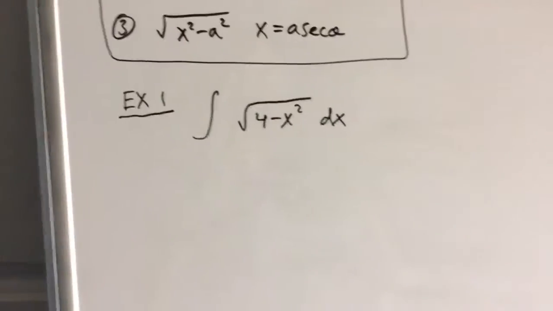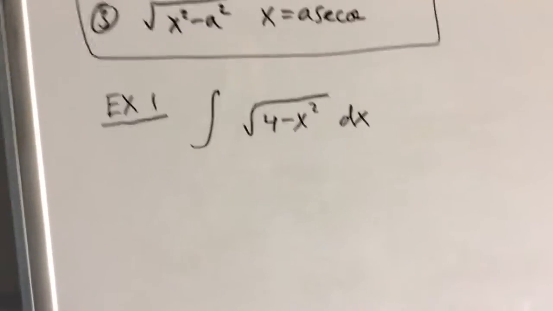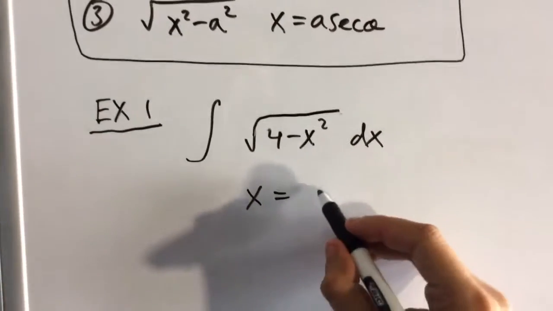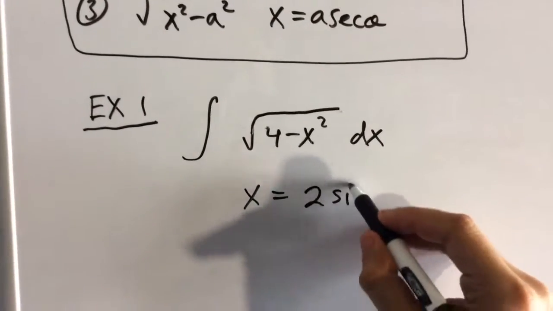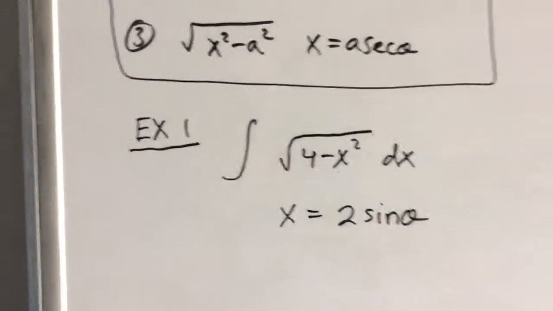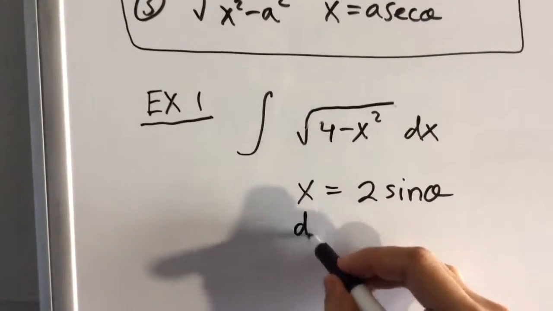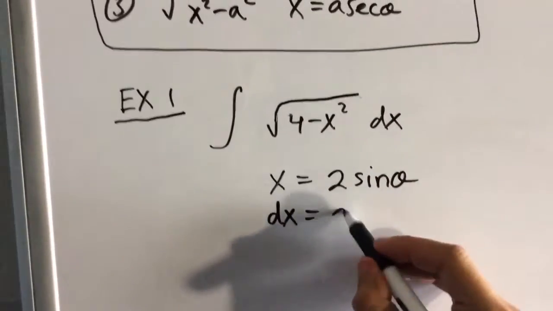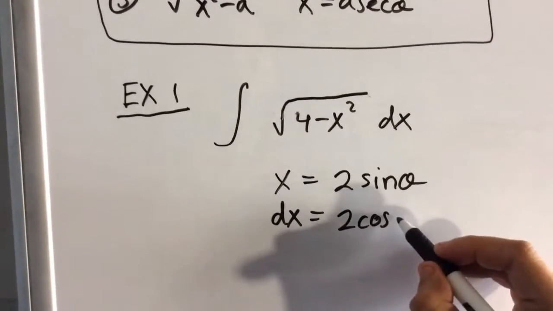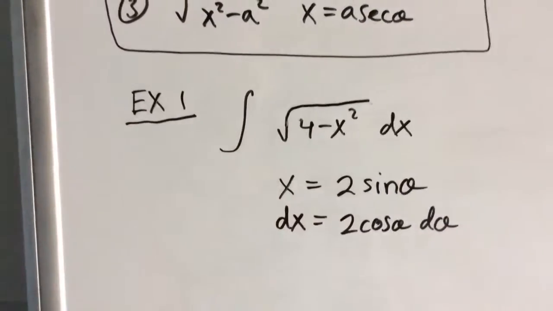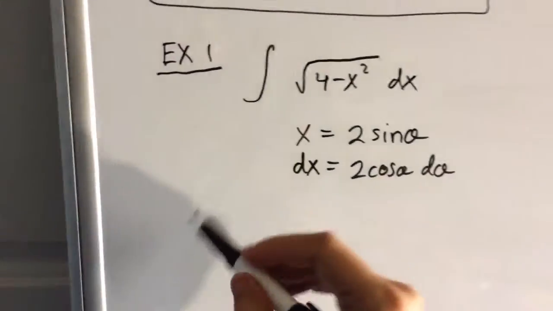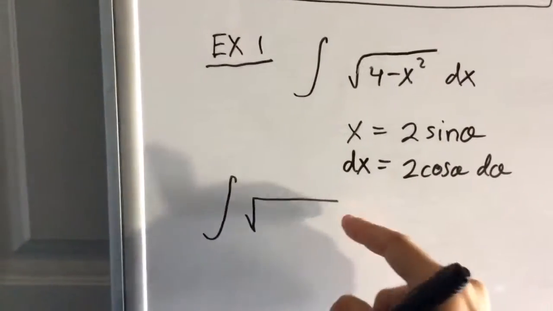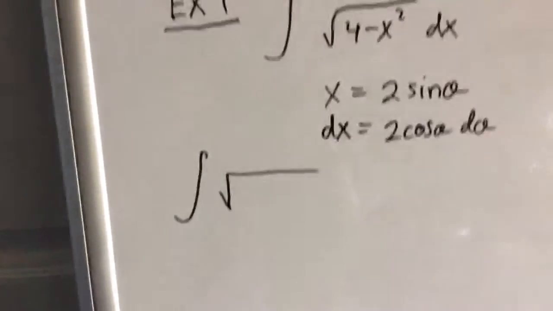So instead of u, for trig substitutions, we're going to use the variable x. So x equals 2 sine theta. And then we're going to find the derivative. The derivative of 2 sine theta is 2 cosine theta d theta. Now we can substitute that x under the integrand.